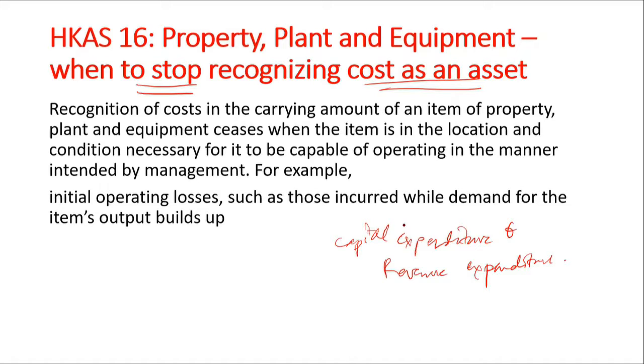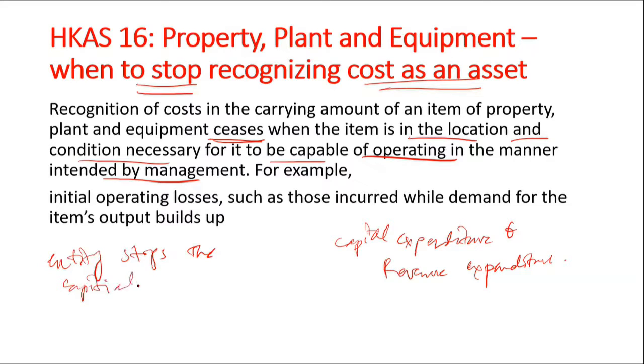So when do you stop? When as an entity will you stop recognizing the cost of an asset? The cost will cease when the item is in the location and condition necessary for it to be capable of operating in the manner intended by the management. So basically, an entity stops the capitalization of cost when the asset is ready.